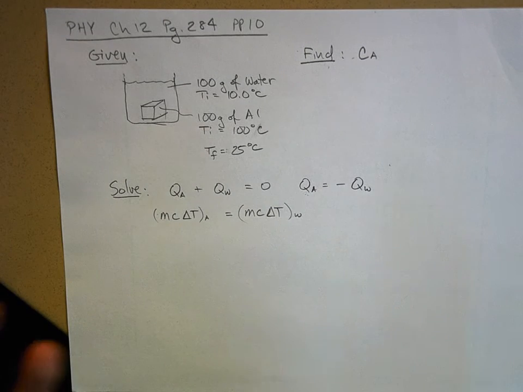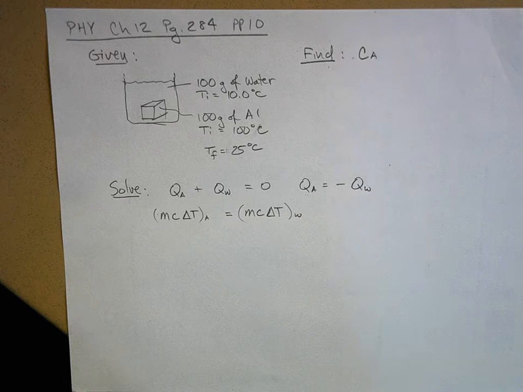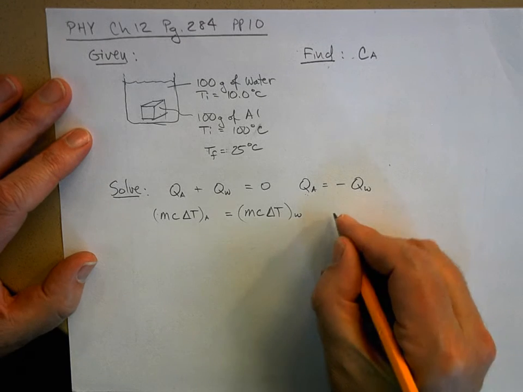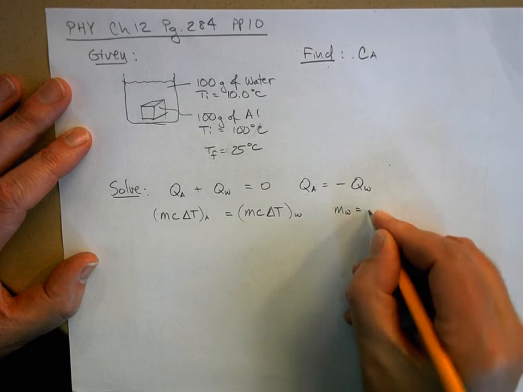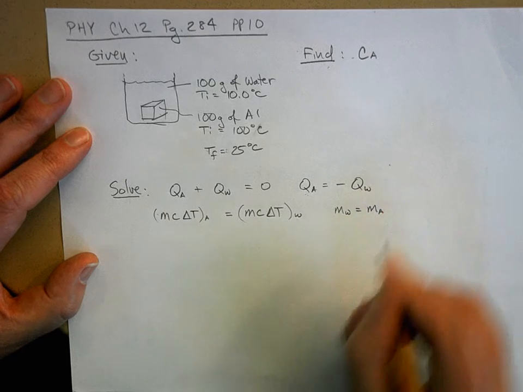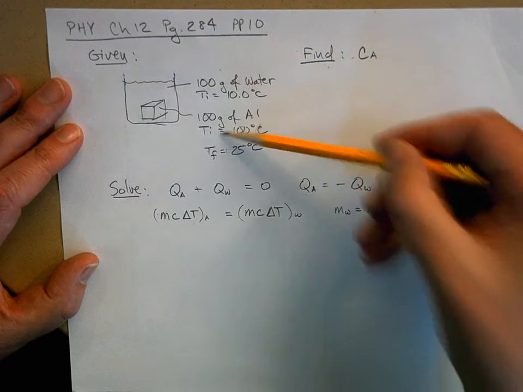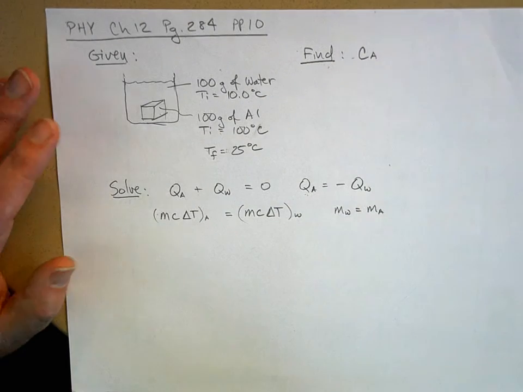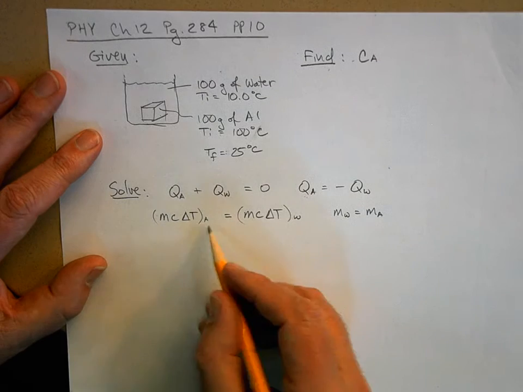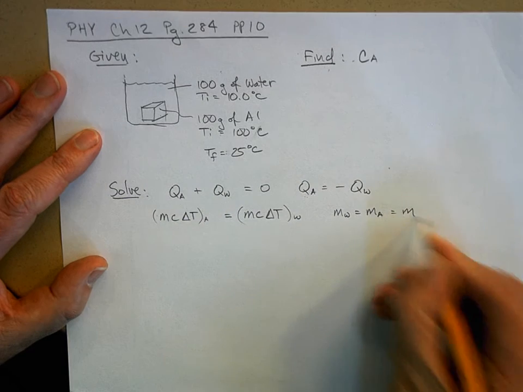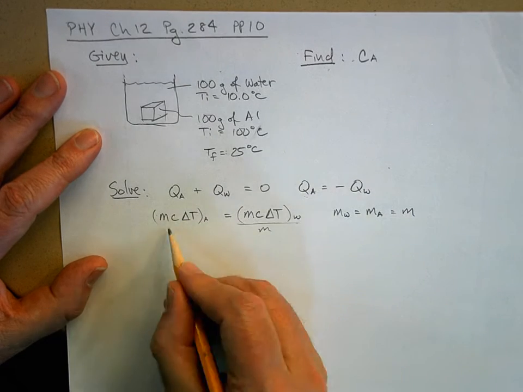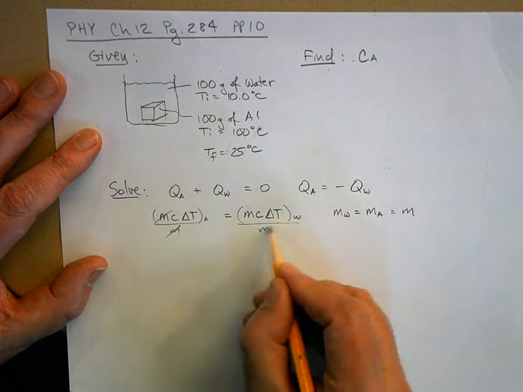Now the nice thing is, here's what we can do. The mass of the water equals the mass of the aluminum, right? They're both 100 grams. So what does that allow me to do? I'm just going to call that M, and divide by 100 grams so that the mass goes away.